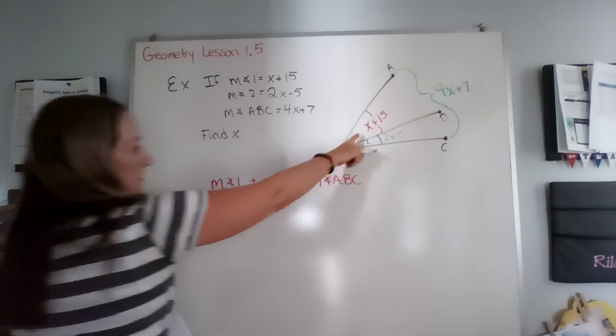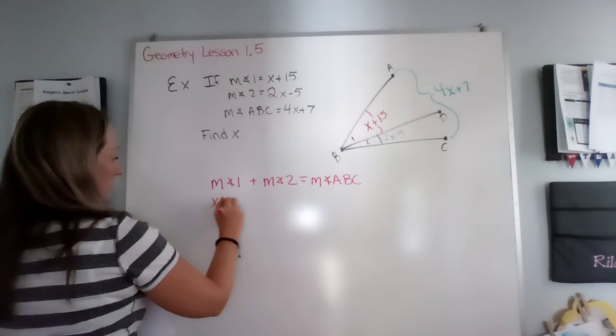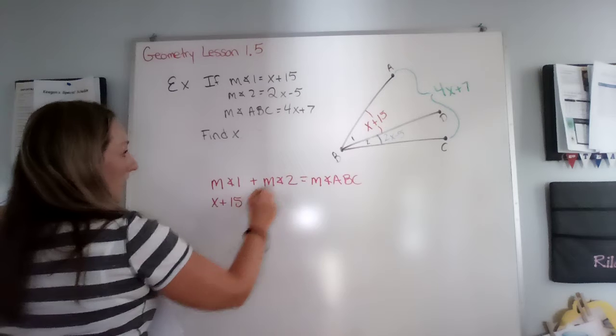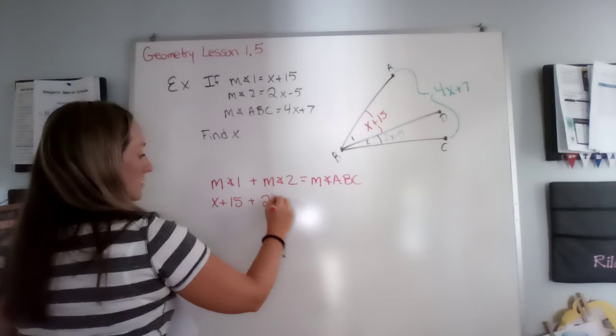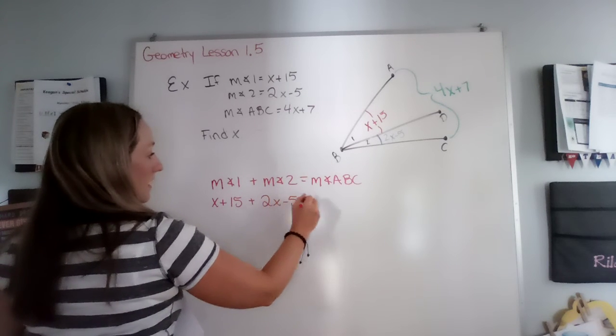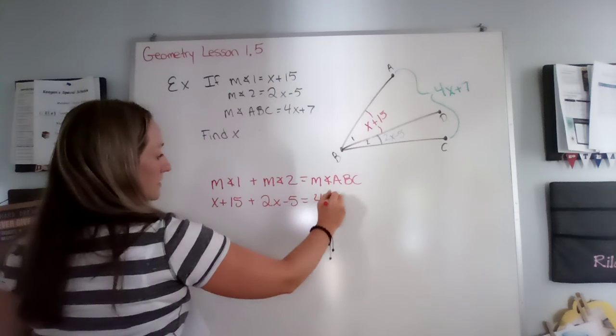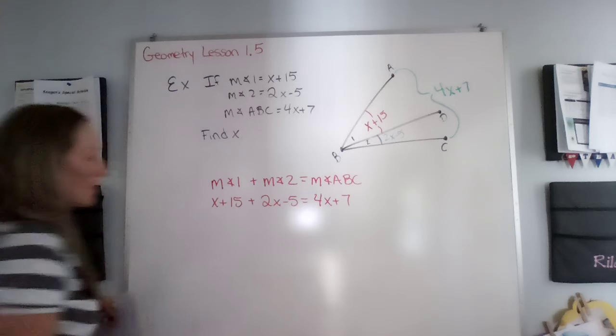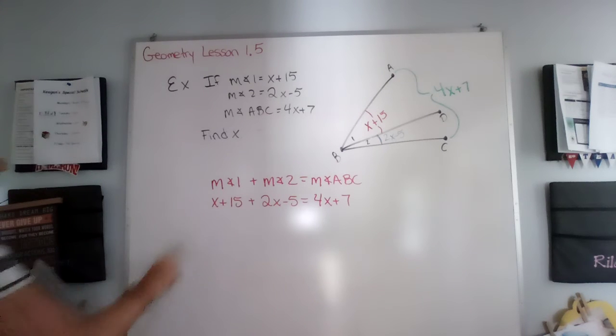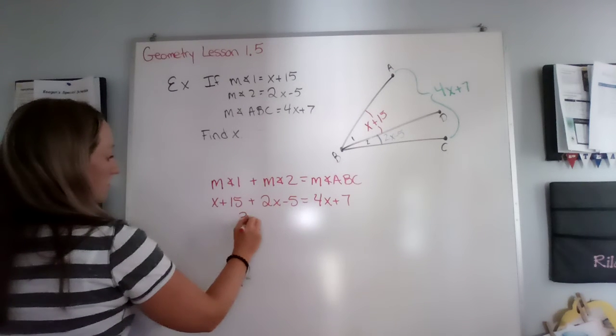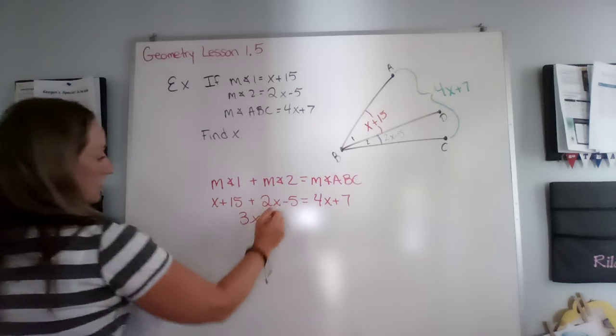Angle 1 is labeled as x plus 15. Angle 2 is 2x minus 5. And angle ABC is 4x plus 7. So combine like terms on the left side first. X plus 2x is 3x. 15 minus 5 is 10.